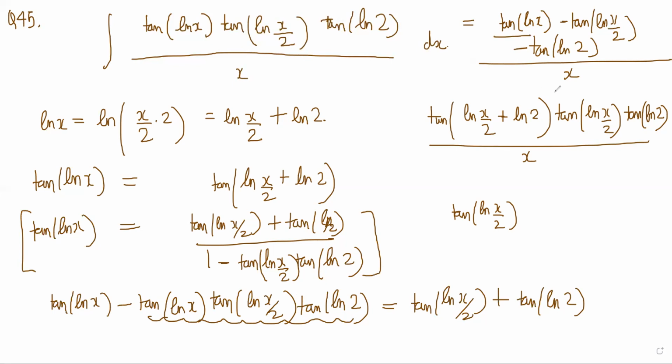So tan ln x by x, we can split this into three integrals now. It's fairly straightforward. Tan ln 2 is a constant. Here you will take ln x as t and 1 by x dx will be your dt. You have tan t dt, which is log sec t.